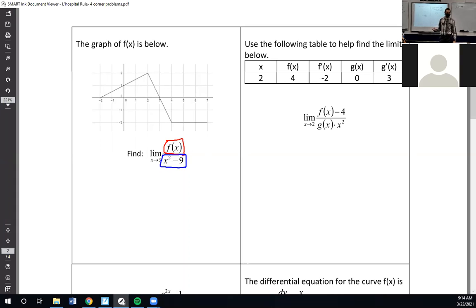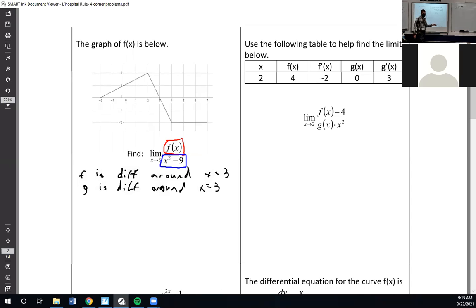We want to check the limit of the top, limit of the bottom, to see if we can use our rule. So, f is differentiable around x equals 3. g is differentiable around x equals 3, since it's a polynomial.